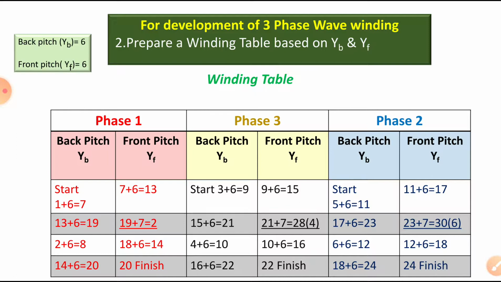Now after knowing this, what is the last step? That is the development of the winding diagram with the help of the winding table. So keep this winding table in mind, and based on this you connect all the conductors, the end connections. Okay, so let us do that.